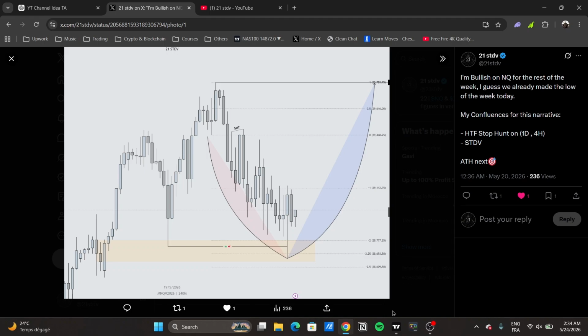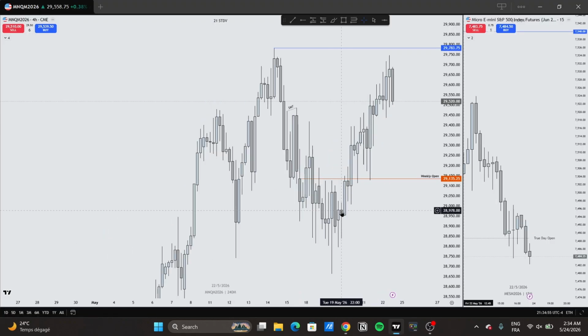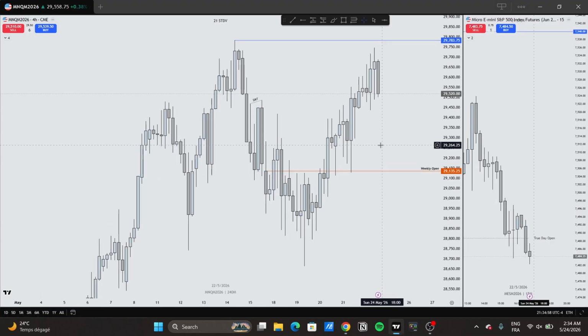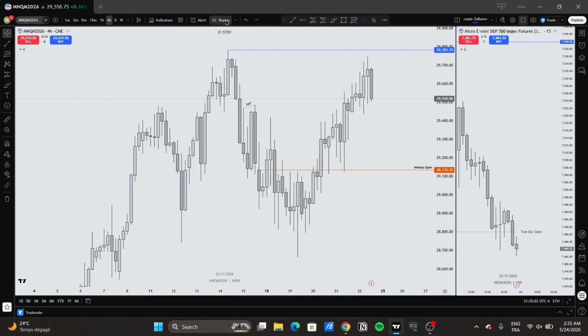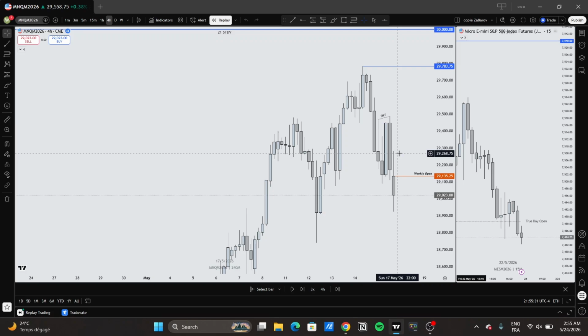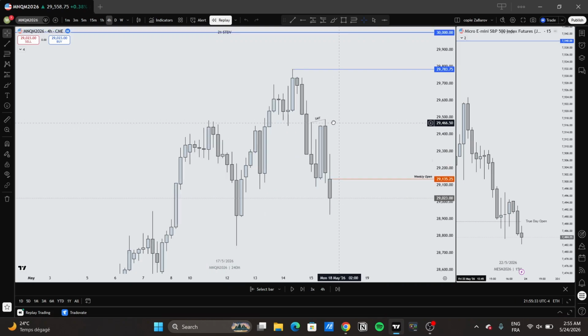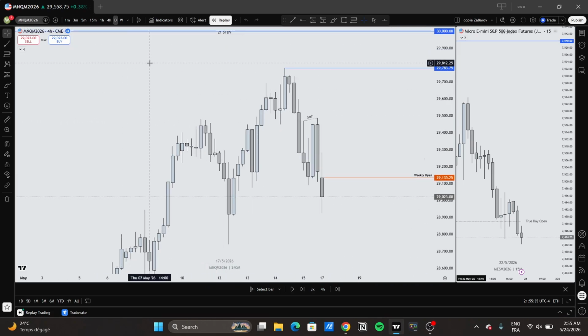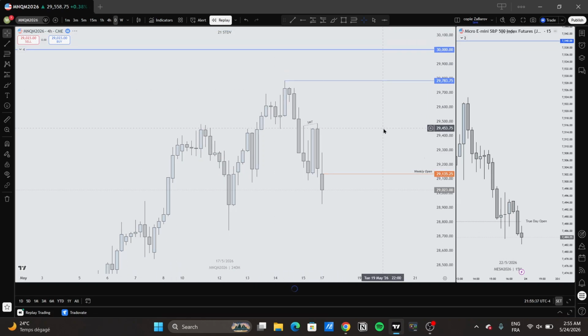So let's jump to the chart to explain how I was actually able to catch this move. In order to do that, we have to take the replay tool and take it to the weekly open. So basically this was the weekly open. We were at a daily fair value gap.